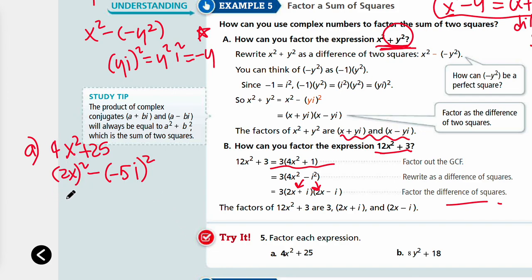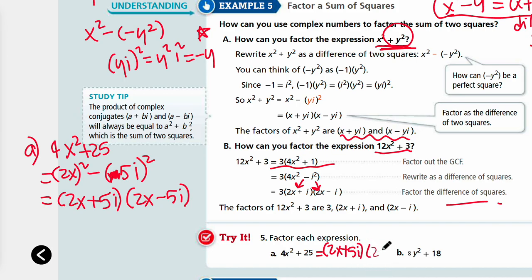Yeah, so then you can factor using the difference of squares. 2x plus 5i times 2x minus 5i. Wait, sorry. I don't need a negative here. Okay, so part A should just be 2x plus 5i times 2x minus 5i.